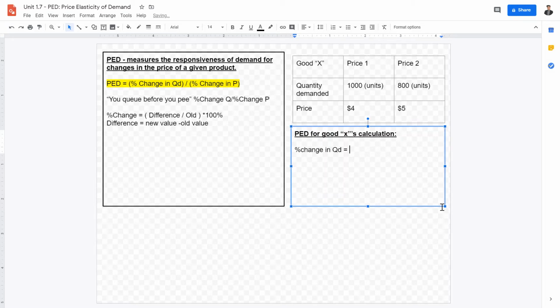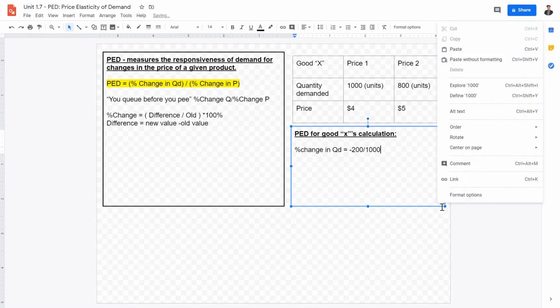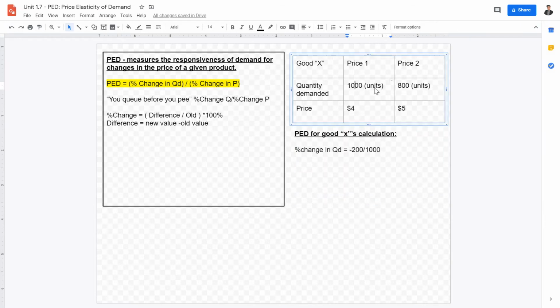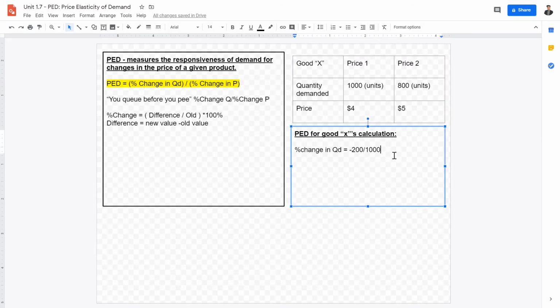The percentage change in QD equals negative 200 divided by 1,000. Why negative 200? Because when we subtract the old value from the new value, 800 minus 1,000, we get the difference, and when we divide the difference by the old value, we get the percentage change. Then we multiply this by 100.